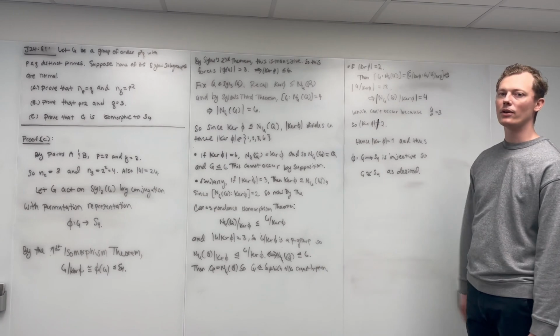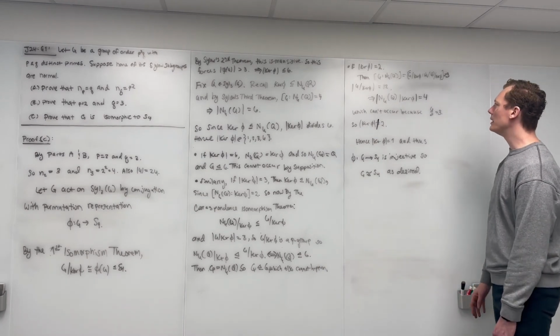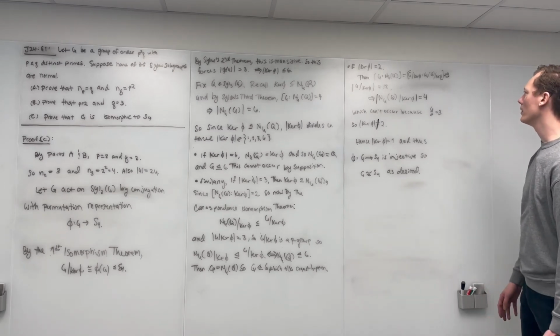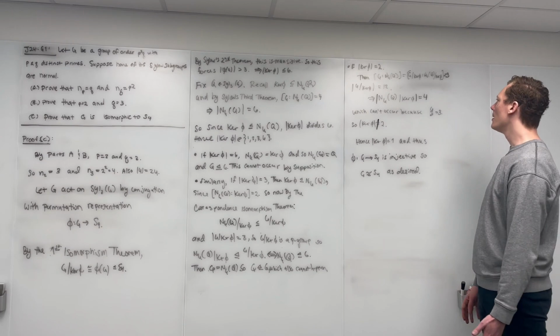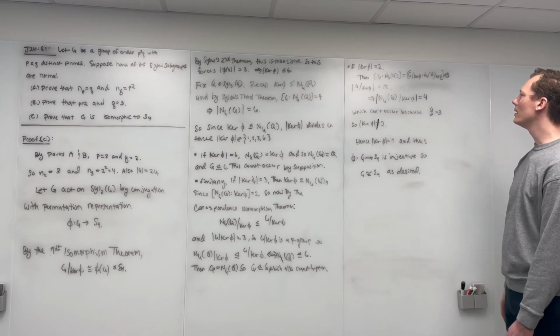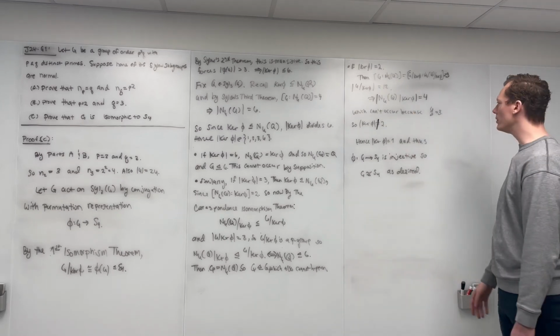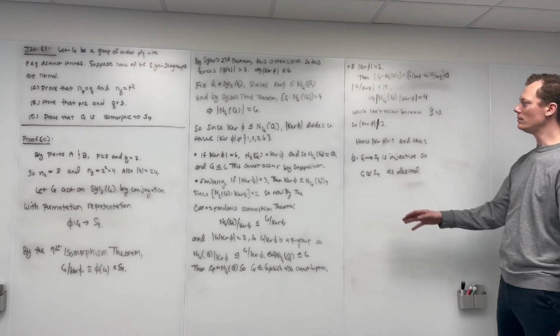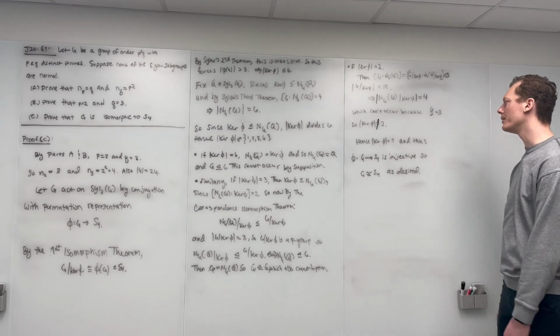And because G mod the kernel is 12, this means that the size of the normalizer mod the kernel is equal to 4. But we said that the size of the normalizer is 6, and the size of the kernel is 2, and 6 divided by 2 is equal to 3, which is not 4. So the size of the kernel cannot be equal to 2.